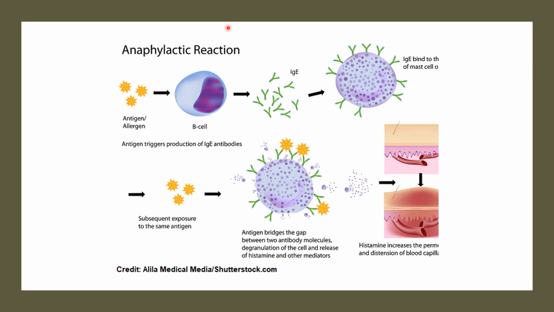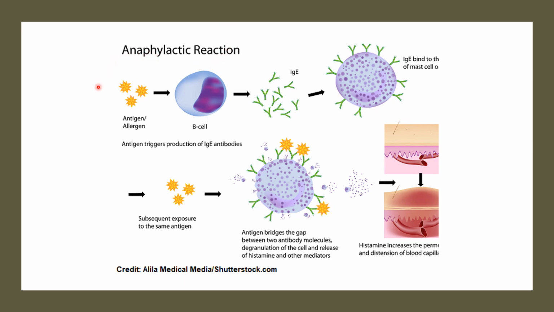For the IgE-related anaphylactic reaction, the patient has to experience sensitization for the reaction to occur. Sensitization is where the patient has a first-time exposure to an allergen that causes the creation of IgE antibodies.